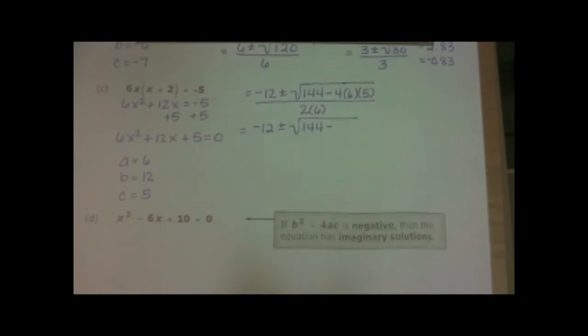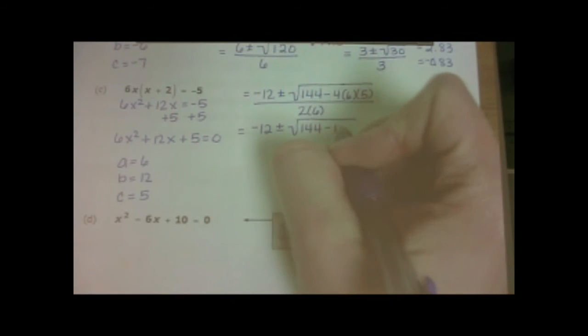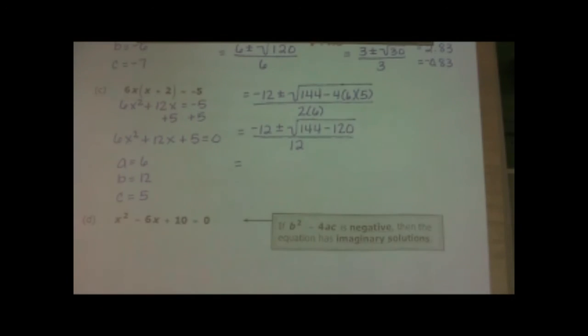We need to get our calculator out here, so we've got negative 12 plus or minus the square root of 144 minus. Now I've got 4 times 6 times 5, and that equals 120. All over 12. So now we just need to do our subtraction.